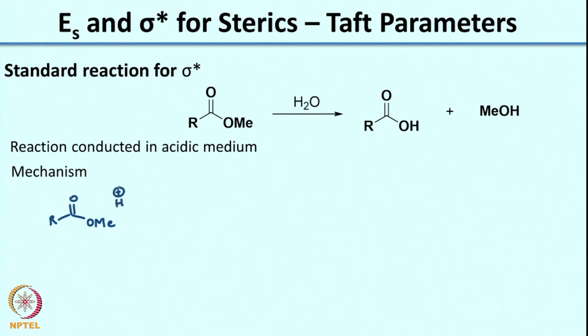In an acidic medium, the first step would be protonation of the C double bond O. What this protonation does is it increases the electrophilicity at the carbon. Now, the next step is addition of your nucleophile. Remember, the reaction is under acidic medium, so you will not have OH minus in the medium.